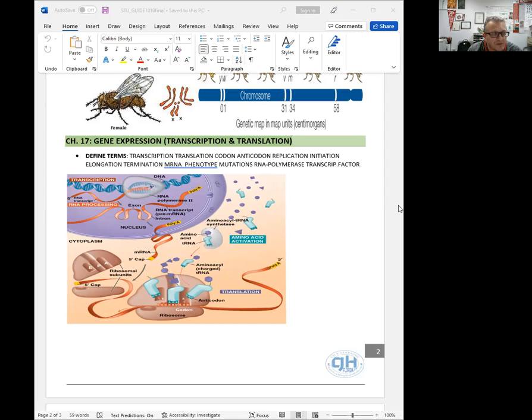Keep reviewing these chapters, and don't forget the meiosis chapter, because meiosis is the heart of all of genetics. Make sure that you know the steps of meiosis, and these genes, genetics, genotype, chromosomal theory, phenotypes, proteins. Keep studying and reviewing.